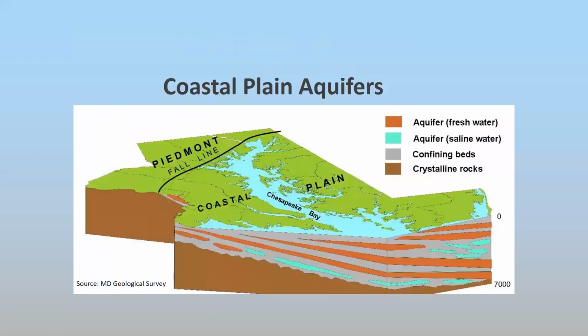So for example, in the coastal plain area, the eastern shore area of Maryland, we have numerous aquifers that are confined aquifers.